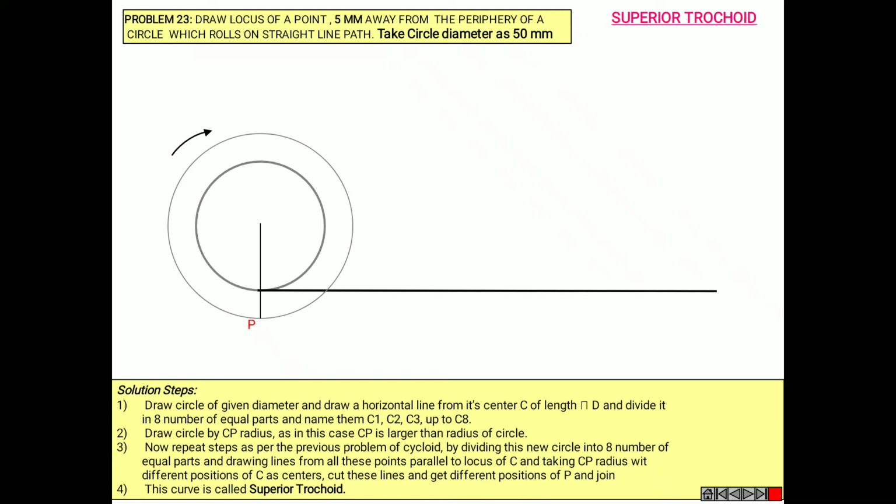Cut these lines and get different positions of P and join all the points smoothly. So this is your required curve called superior trochoid.